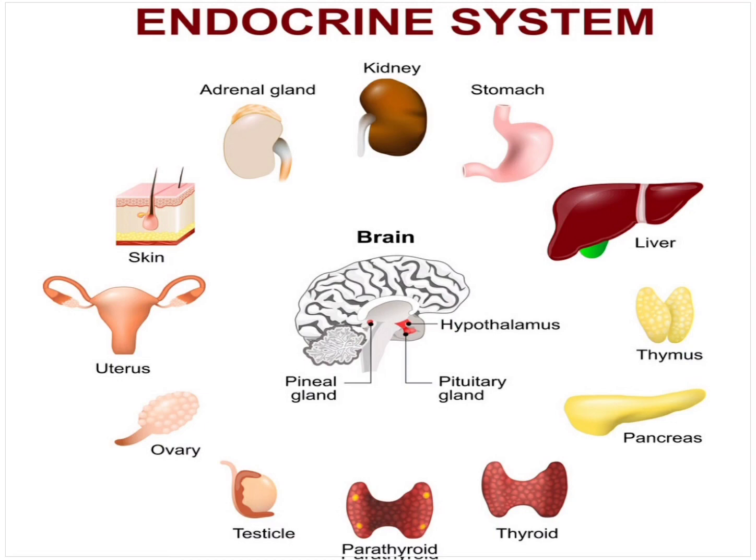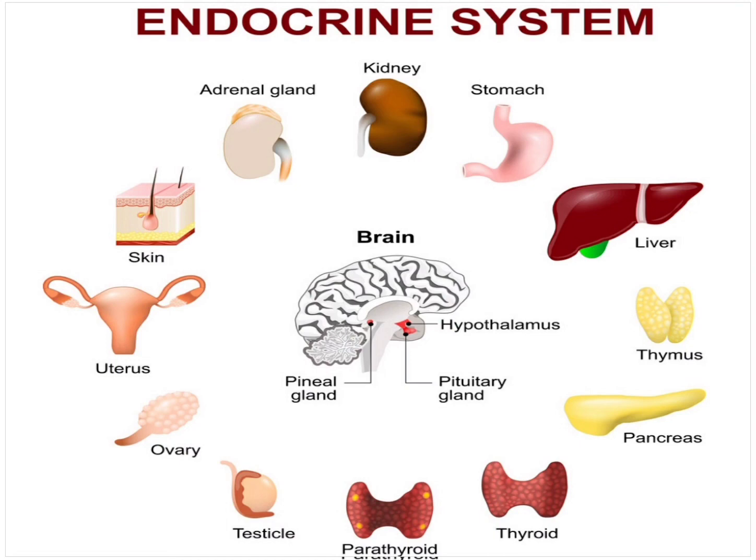That is your hypothalamus, the pituitary gland and your pineal gland. These 3 are very important parts of your brain which tell the different organs when to release the hormones, how much hormone is to be released and for how long it is to be released. So this information is controlled by the brain by the different parts, that is your hypothalamus, pituitary gland and the pineal gland.